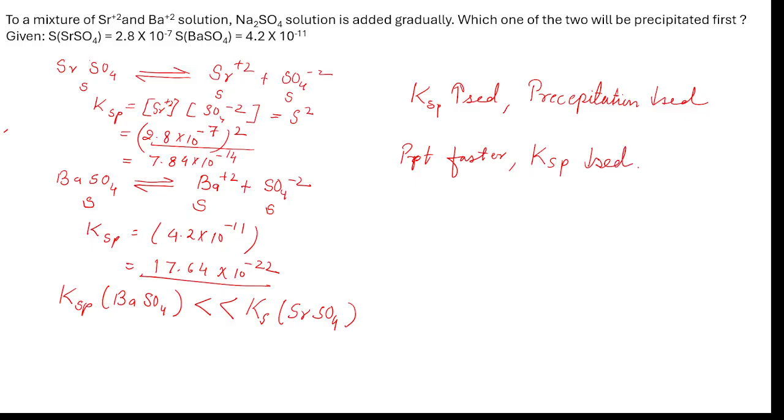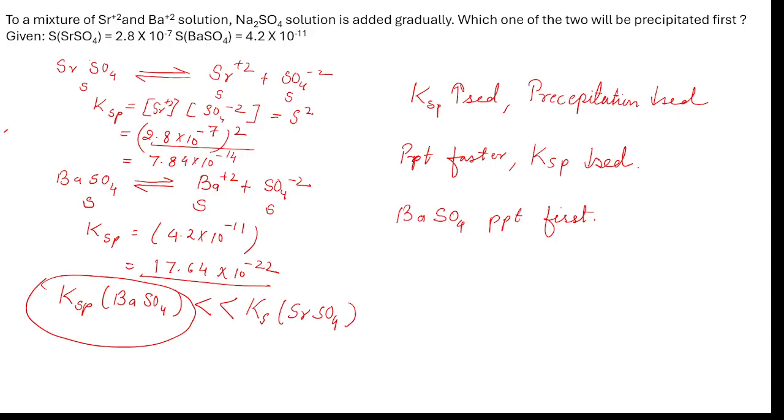And here we already know that the value of Ksp for barium sulfate is low, so BaSO4 is going to precipitate first. So this is how you need to solve this question.